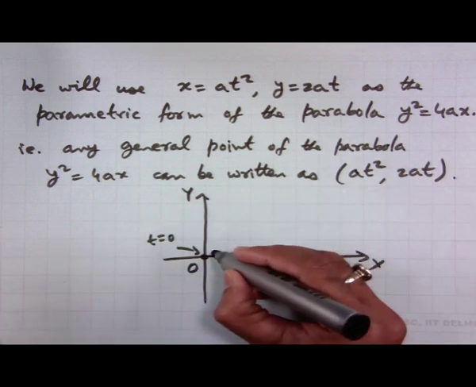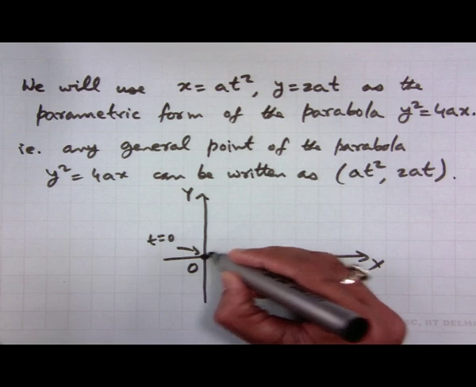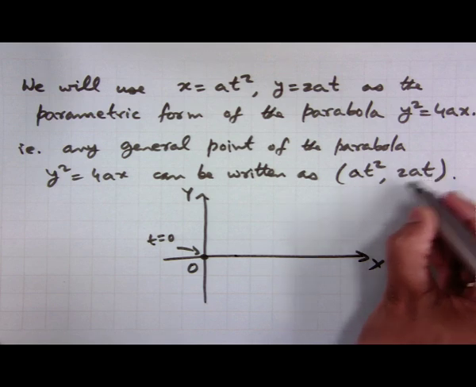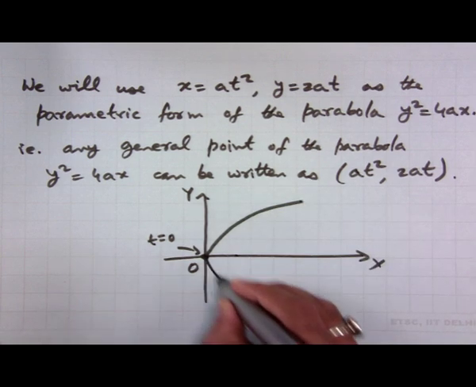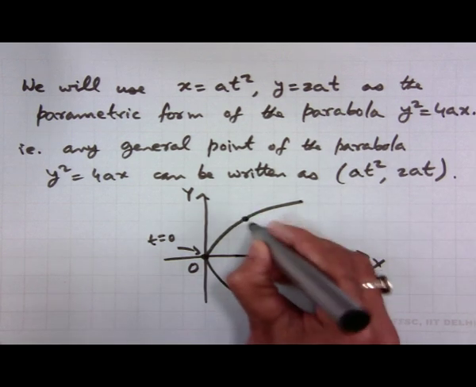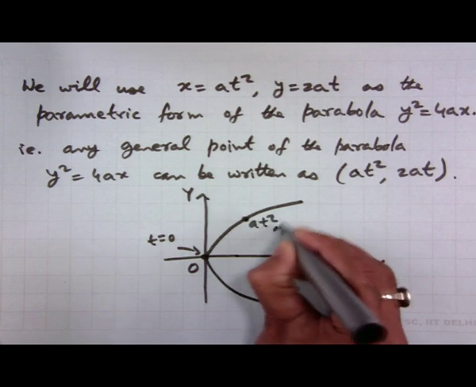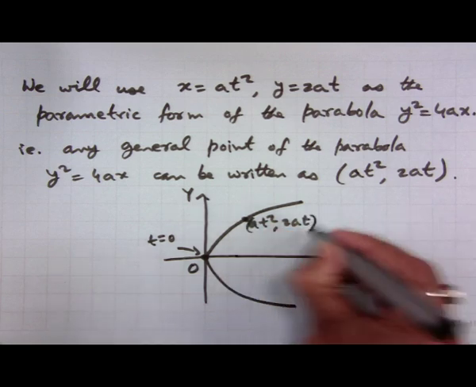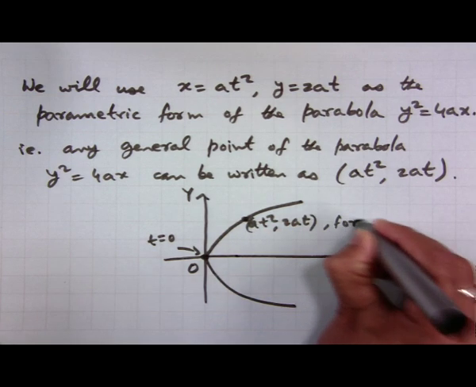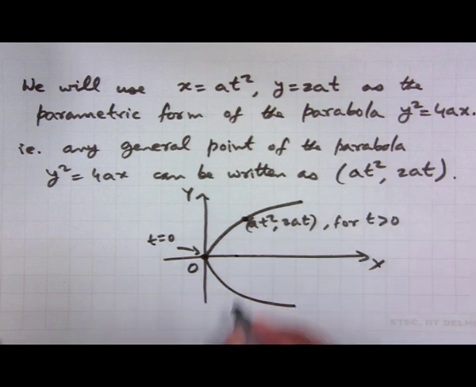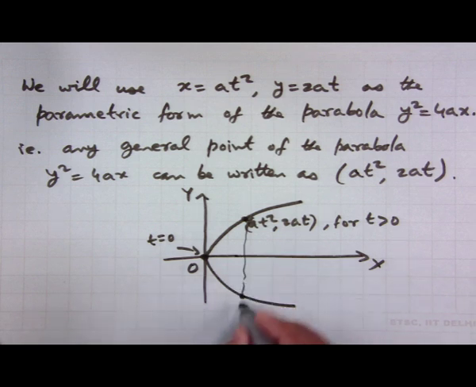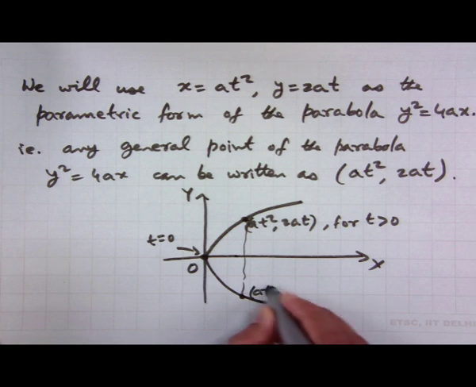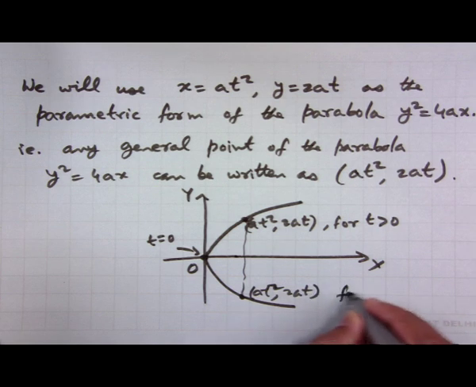If t is positive, then x equal to a t square, y equal to 2 a t, that means y is positive. So this is the point a t square, 2 a t for t positive, and we have the point a t square, 2 a t for t negative.